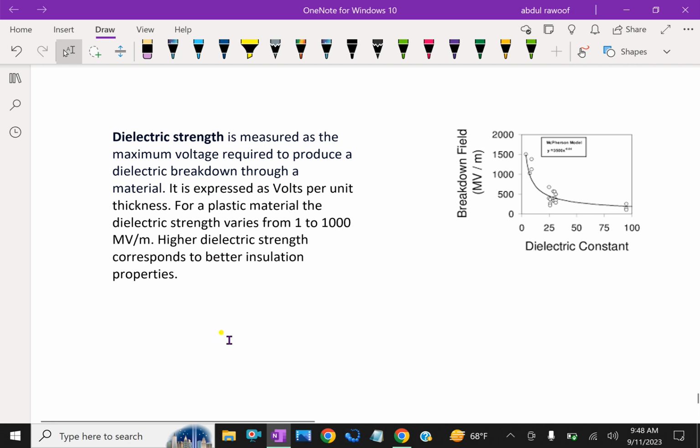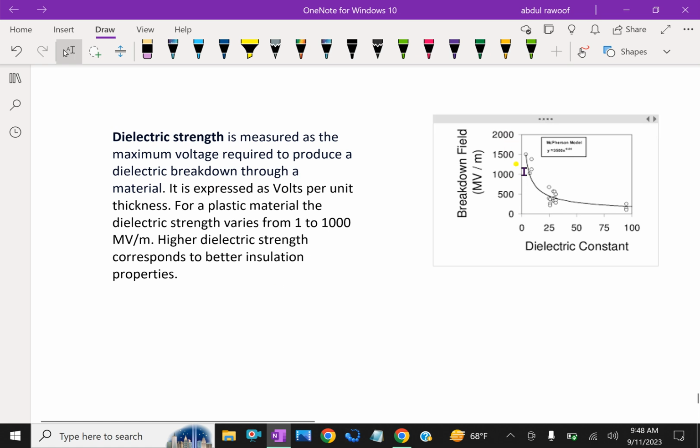So it is a dielectric strength breakdown. It is expressed as volts per unit thickness. For a plastic material, the dielectric strength varies from 1 to 1000 megavolt per meter. Higher dielectric strength corresponds to better insulation properties.